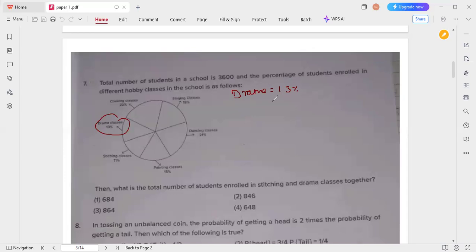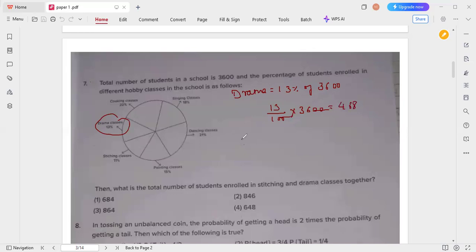13% means 13% of 3600 students, that is 13/100 × 3600. The 100 cancels, and 36 thirteens are 468.